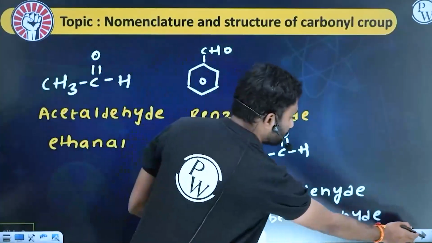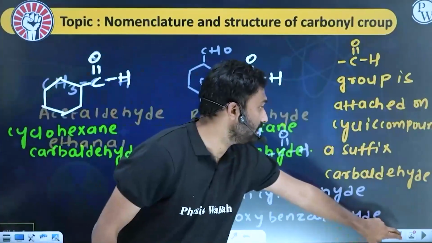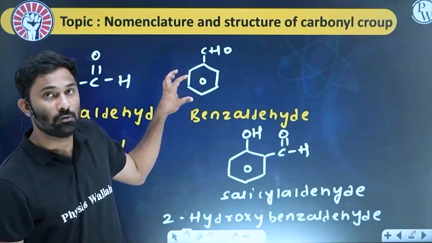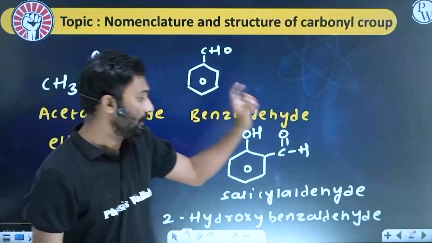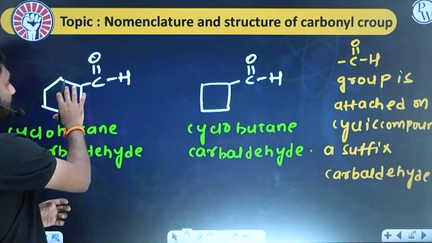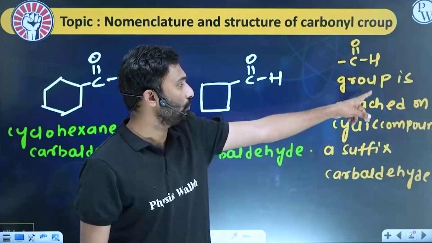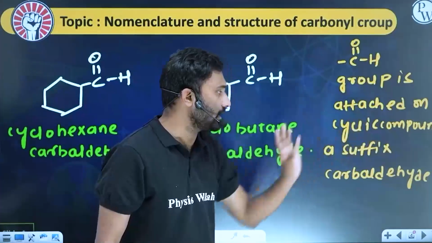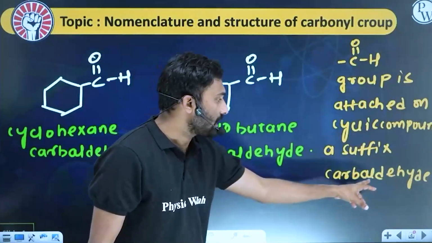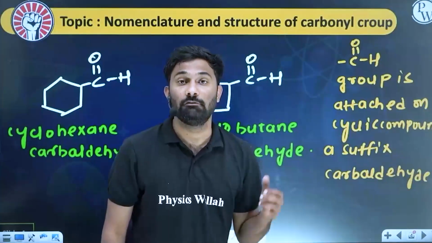Next, we have seen this with the benzene ring, the aromatic ring. Now if a cyclic group is attached, that is, the aldehyde group is attached on a cyclic compound, we have to use the suffix carbaldehyde.